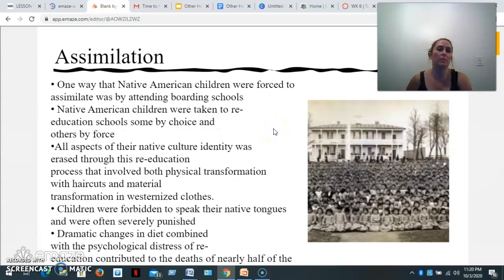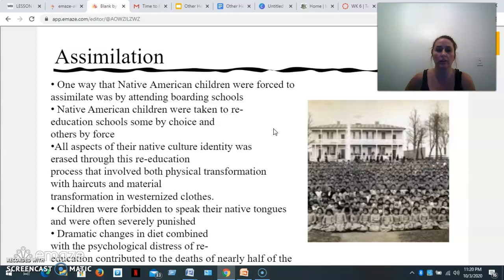And here I want to talk about how Native American children were forced to assimilate during this time. One way that they were forced to assimilate was by attending boarding schools. Sometimes the Native American children were taken by force. Sometimes it was the family's choice to send the kids off to boarding school.